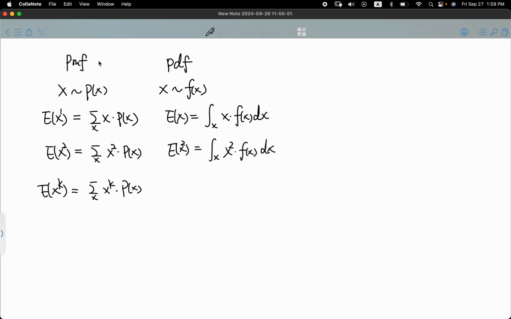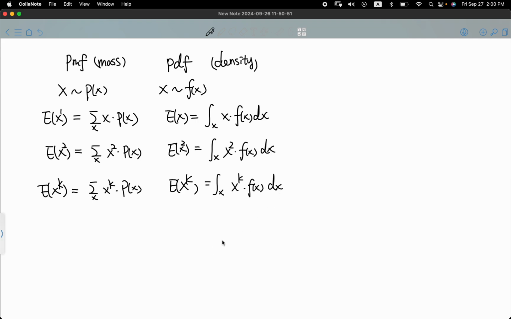Maybe I can point out that this is for the mass, and this is for the density. Similarly for the continuous case, you just take the integral of x raised to the power of k multiplied by the density and then dx.